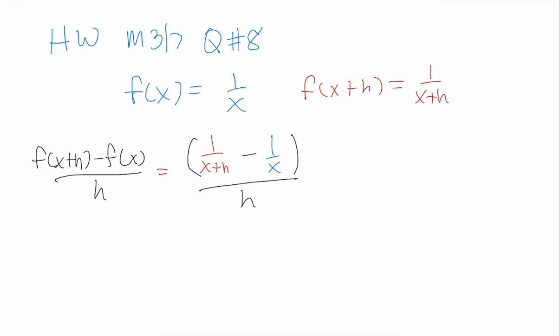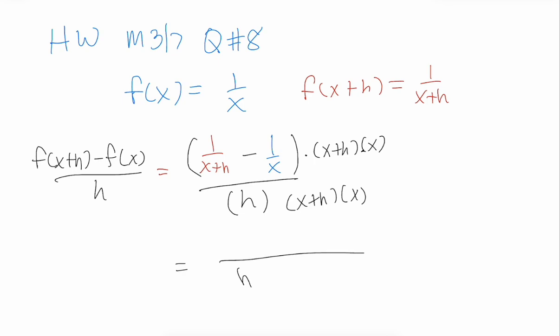Surround the top and the bottom by parentheses. And we're going to multiply top and bottom by both of the denominators that we see. On the bottom, we are not going to do the multiplication. The reason we're not going to do the multiplication is we want the h to cancel, okay? But we are going to do the multiplication on top.